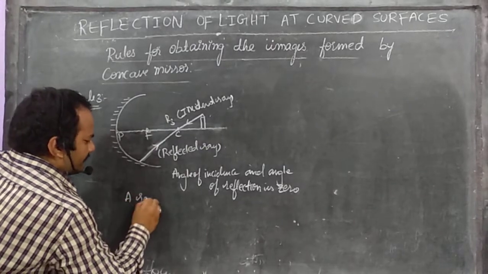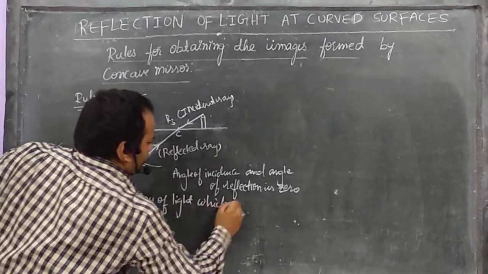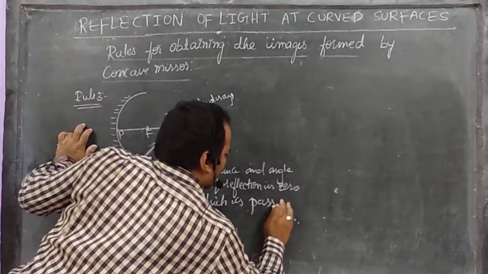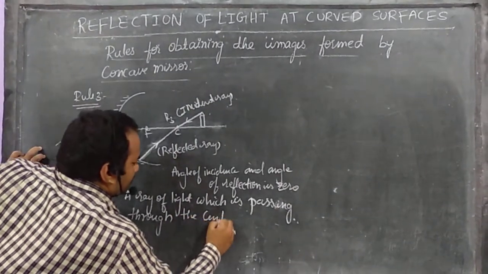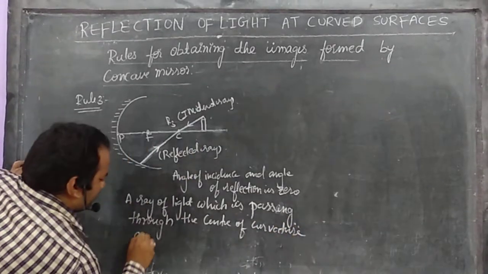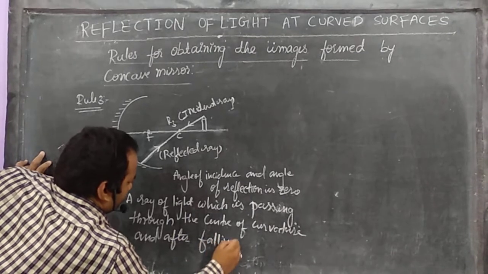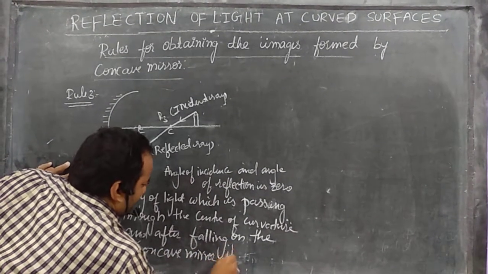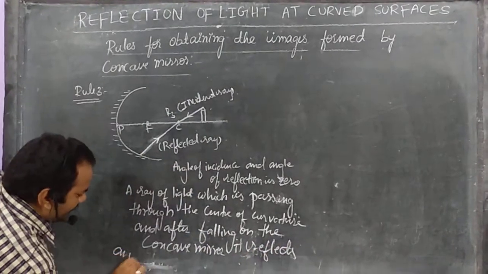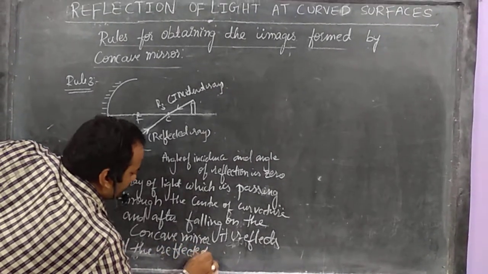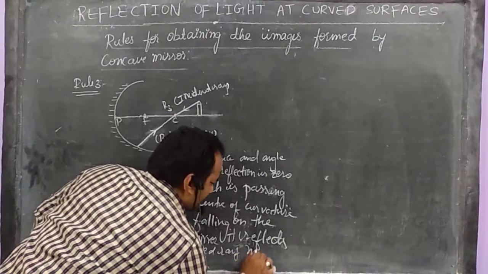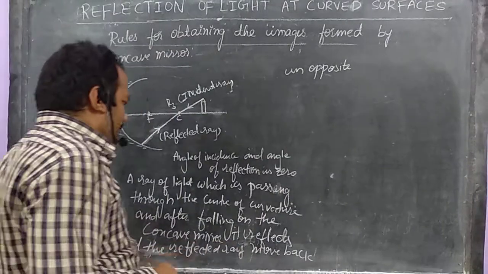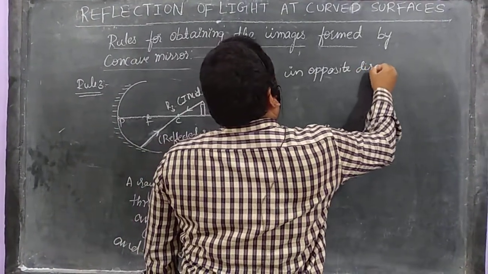So we can write: a ray of light which is passing through the center of curvature, and after falling on the concave mirror, it reflects, and the reflected ray will move back in the opposite direction.